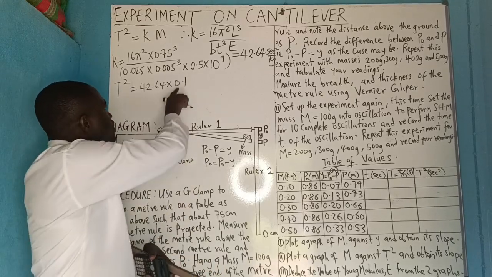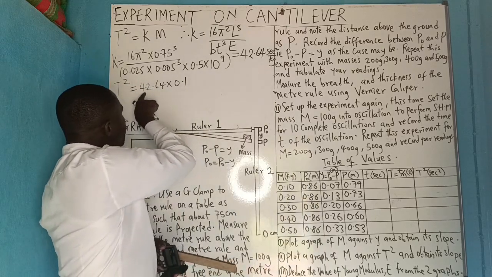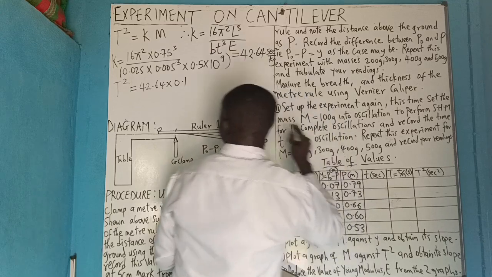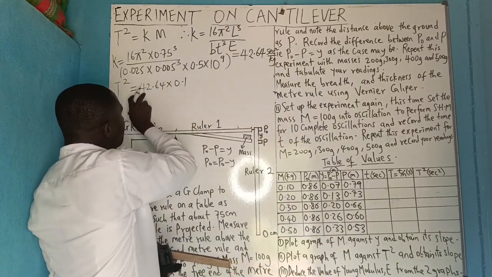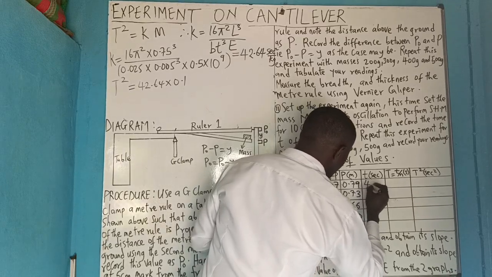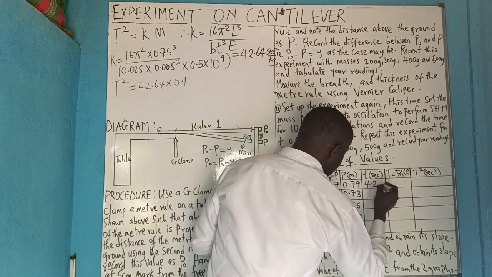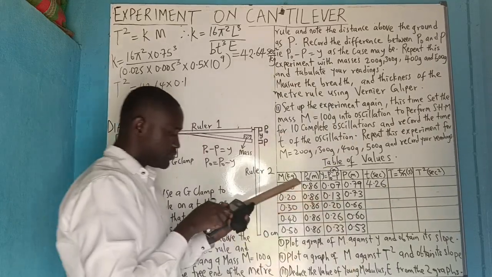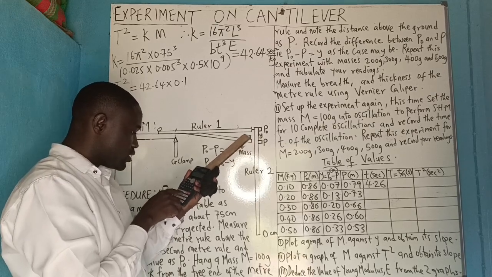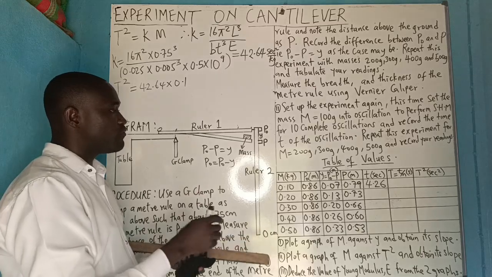When you multiply this, it will be giving you 0.4264, then 4.264, which approximated will be 4.26.